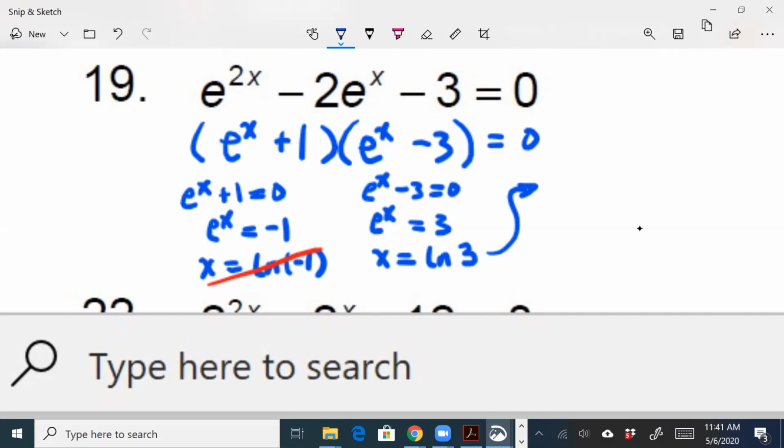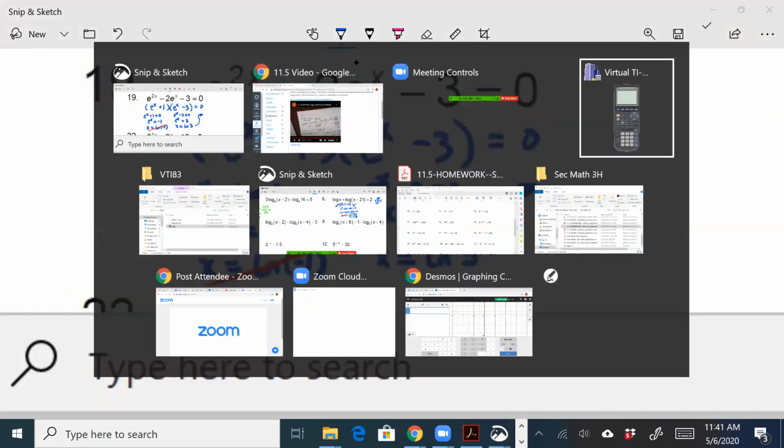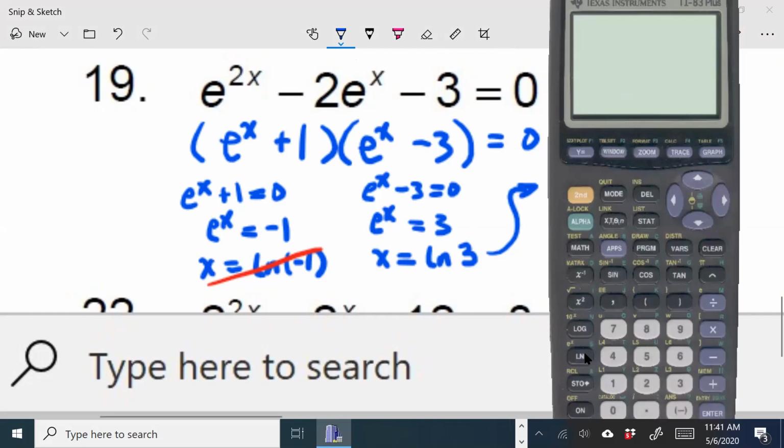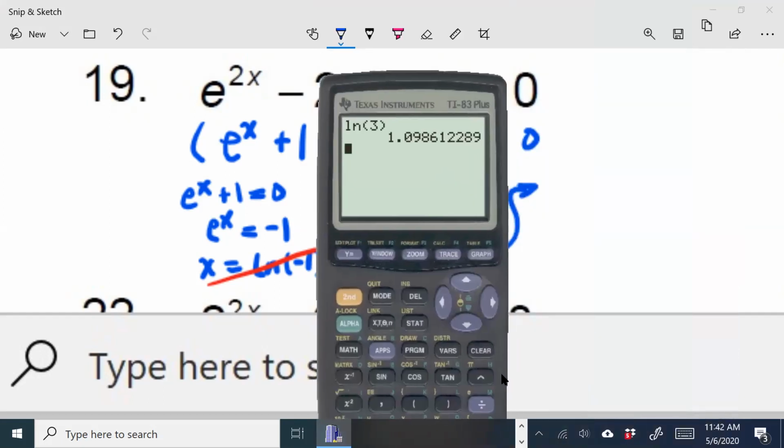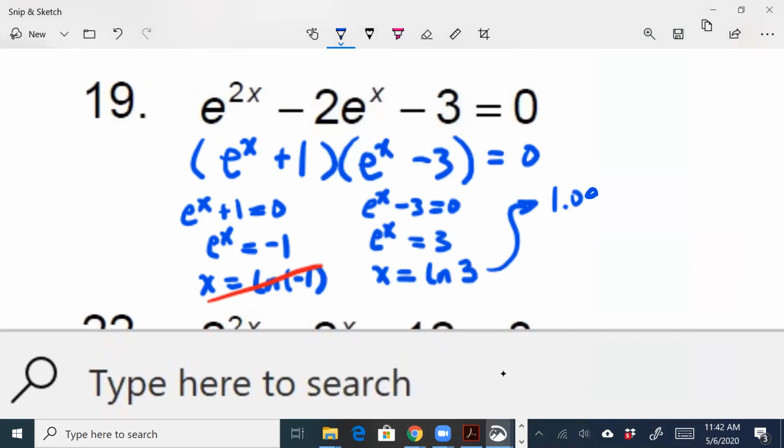Natural log of 3 equals 1.099. That is our approximate value for x.